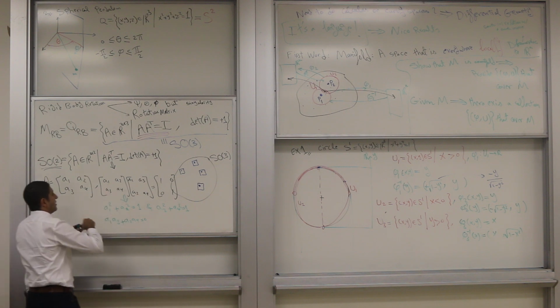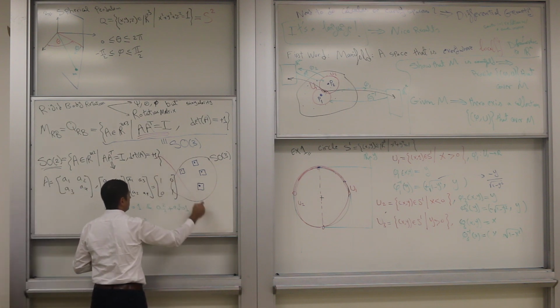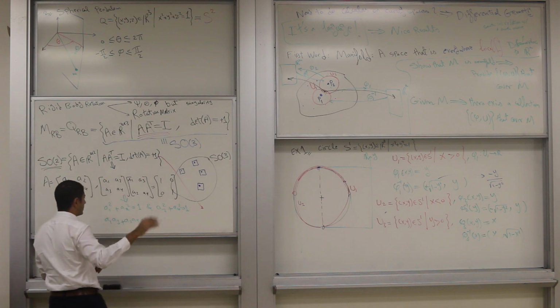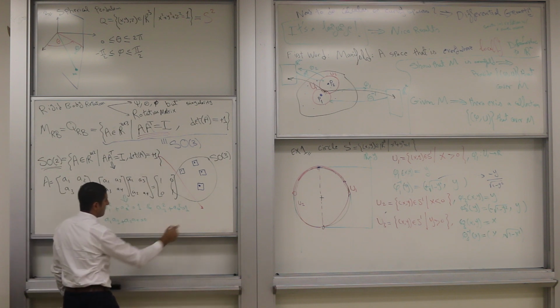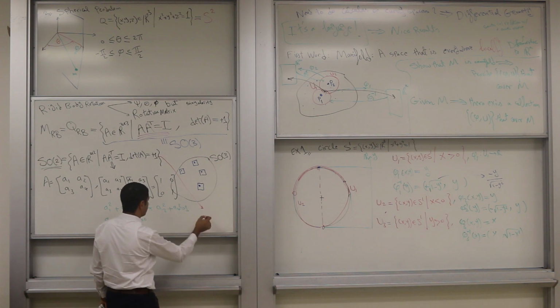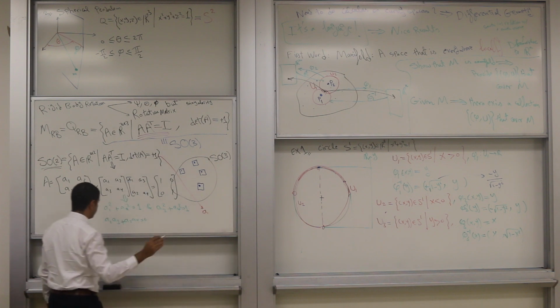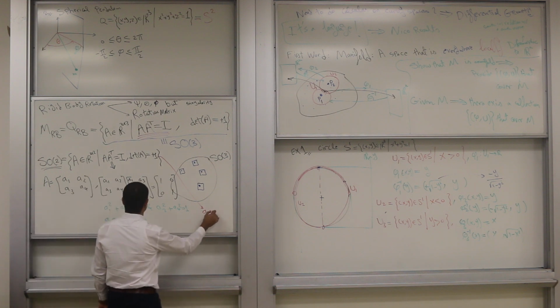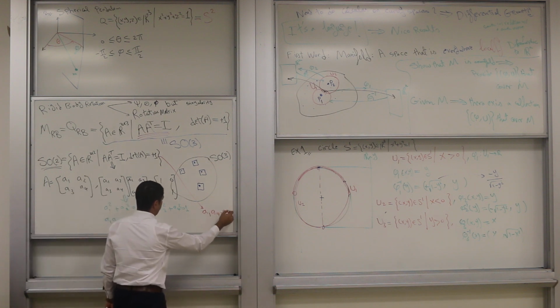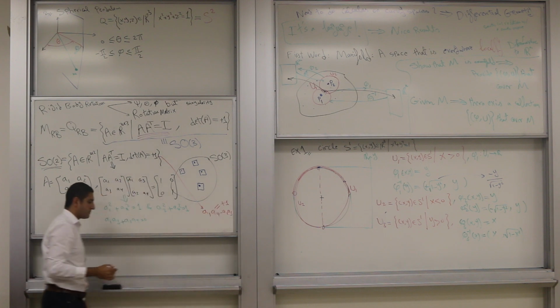The determinant being plus 1 gives you just a side condition. It's not an independent condition. If you just look at the equations, you can realize it, but we'll not discuss it here. The determinant is A1, A4 minus A2, A3. This has to be positive 1, not negative 1.